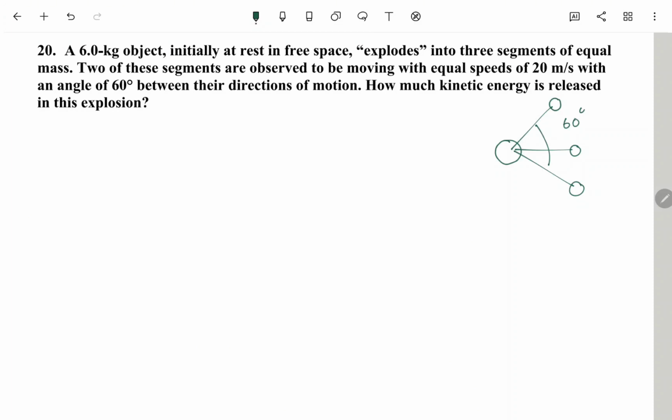Now let's calculate. K, the kinetic energy, is equal to half m1 v1 squared plus half m2 v2 squared plus half m3 v3 squared. Remember, they split into 3 equal pieces, so m1 equals m2 equals m3, and let's name it m.